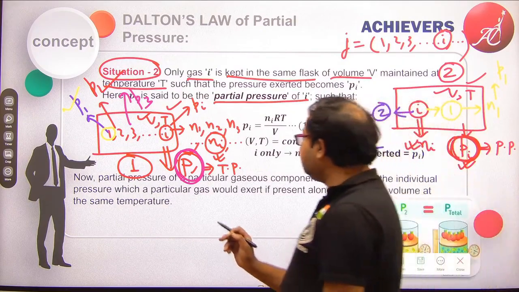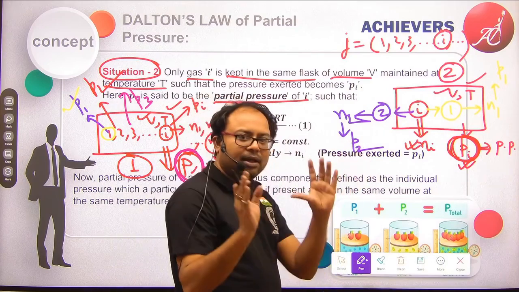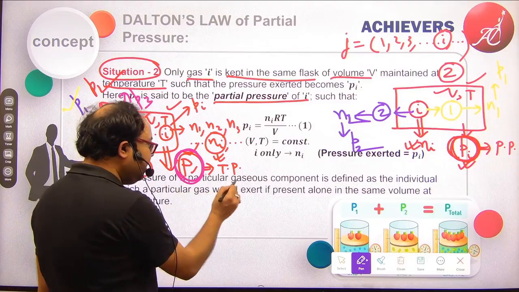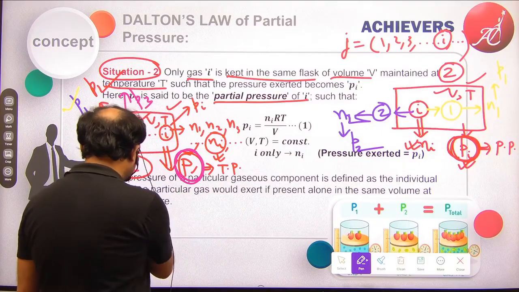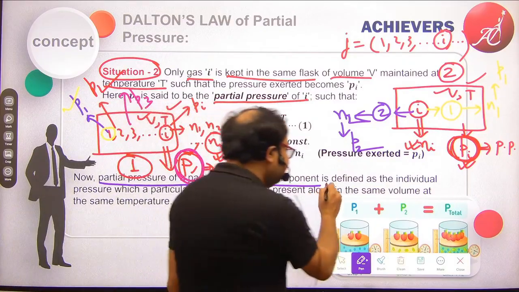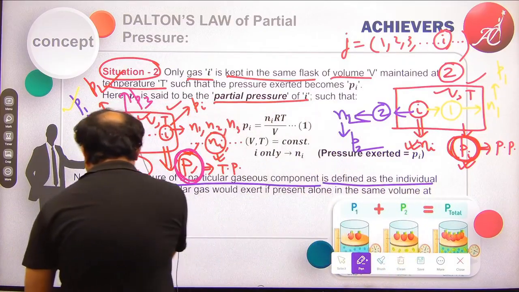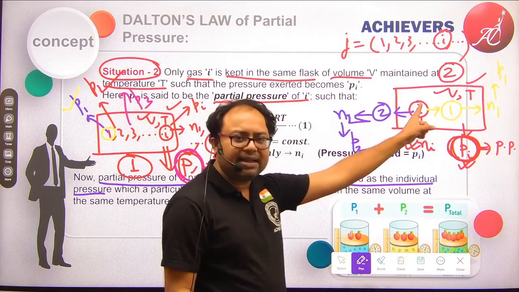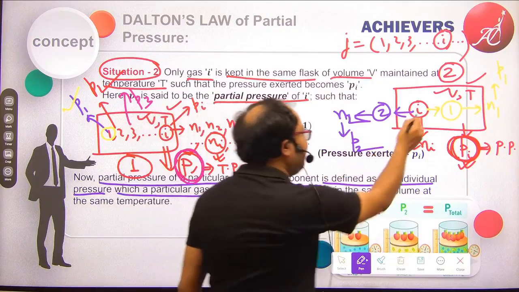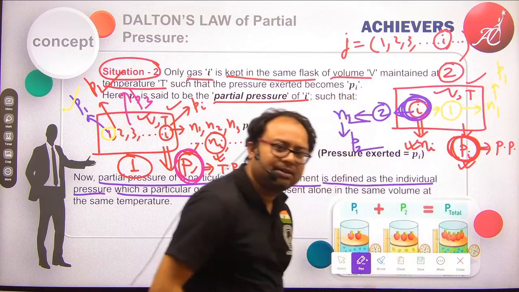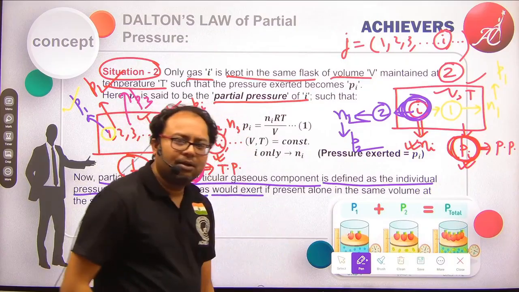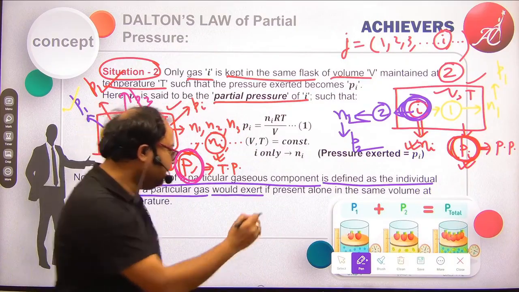So we have revealed the meaning of partial pressure. What is the meaning of partial pressure? It's the partial pressure of a particular gaseous component. It is defined as the individual pressure which a particular gas, say gas i, would exert when?